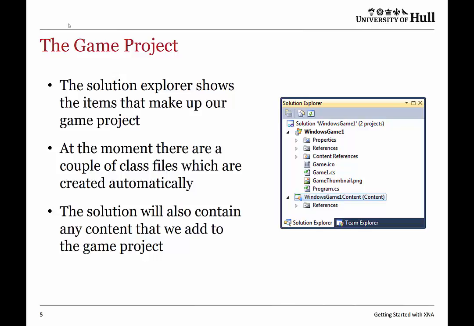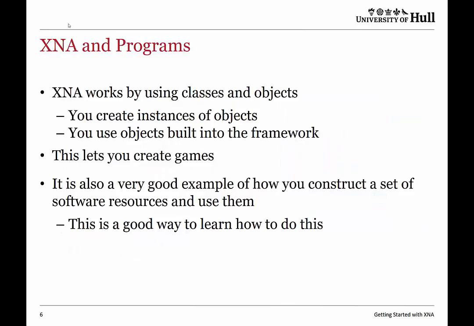We don't care, it just works. The great thing for us is we can just drag bits of content into the folder and you can pick it up from there. It's so easy to do. But it does mean that we have this interesting split. We've got two projects in there, one for the content and one for the game itself.